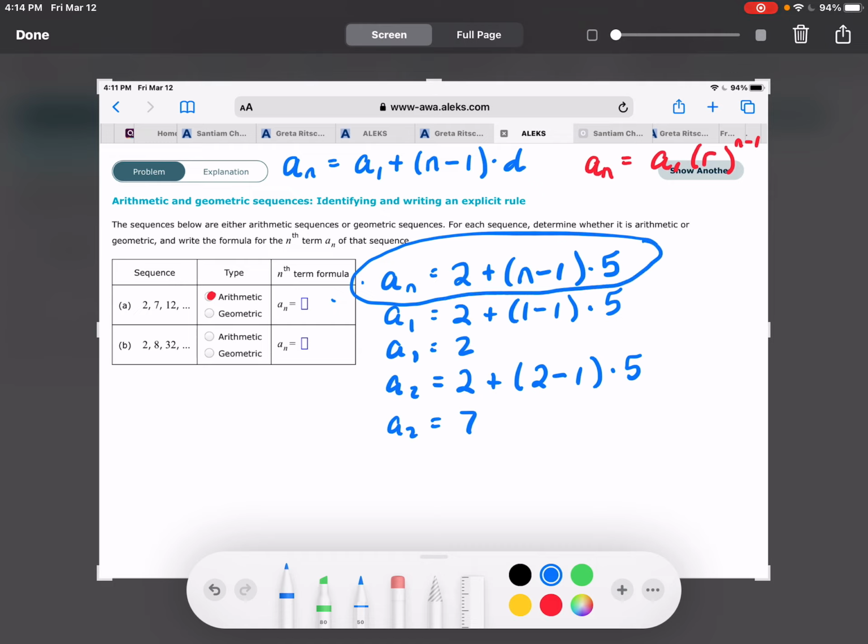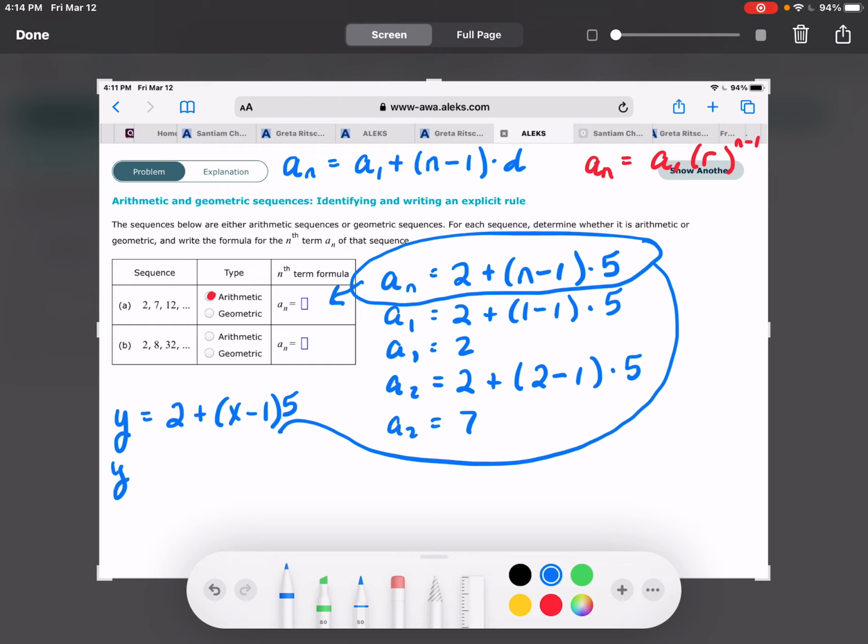This can be simplified a little bit, and it would actually end up looking just like, in fact, I'm going to show you just for fun. Let's say this was y instead of a sub n equals 2 plus, let's call it x minus 1 times 5.